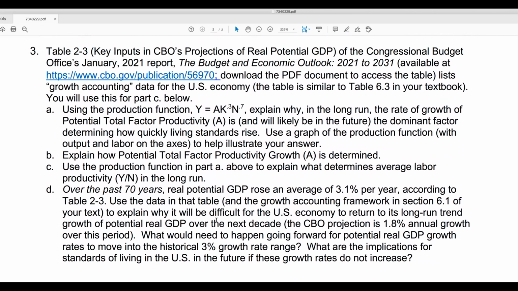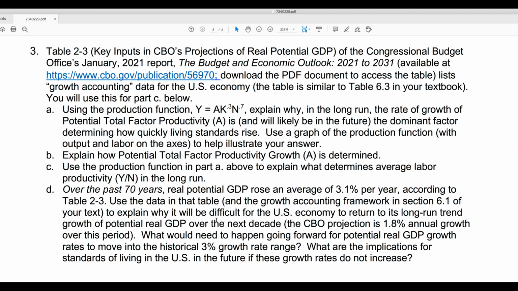So we have this production function, Y equals A times K to the 0.3 times N to the 0.7, the Cobb-Douglas production function. That's our starting point. Let me say it conceptually. So we have data.